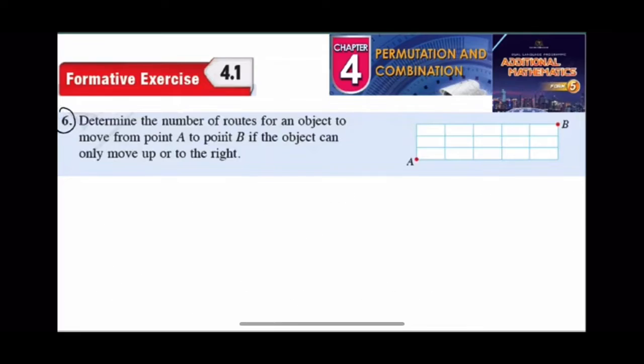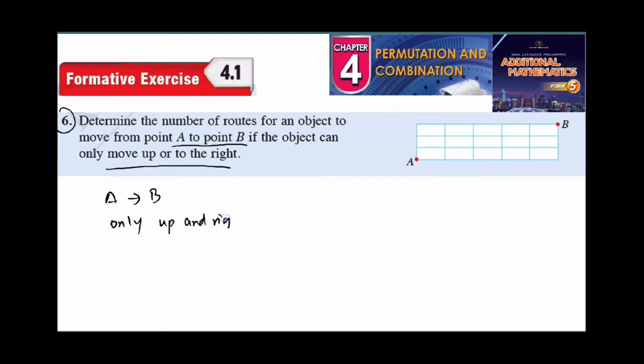For question number 6, determine the number of roads for an object to move from point A to point B if the object can only move up or to the right. Since we have 2 ways of moving, either up or to the right, from A the starting point moving to B, we will study how the object moves.